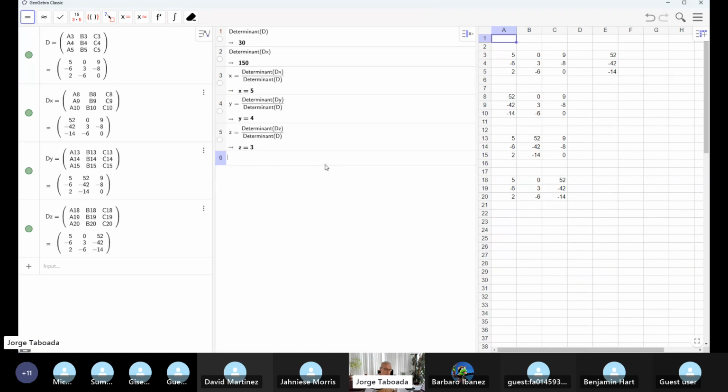The determinant Z is 90 divided by 30, which is 3. And the solution of our system is the ordered triple 5, 4, 3, which is option A.